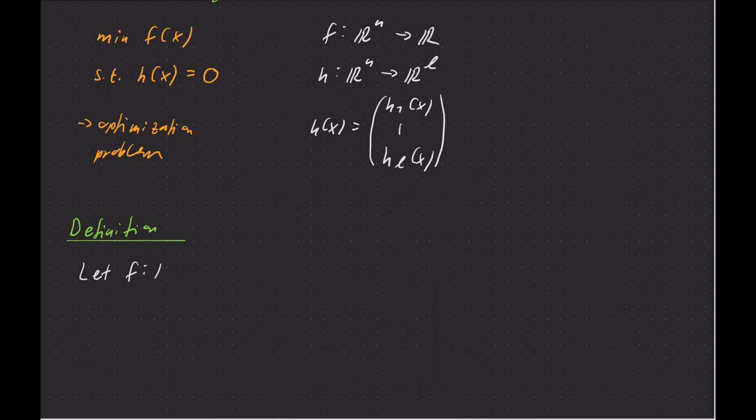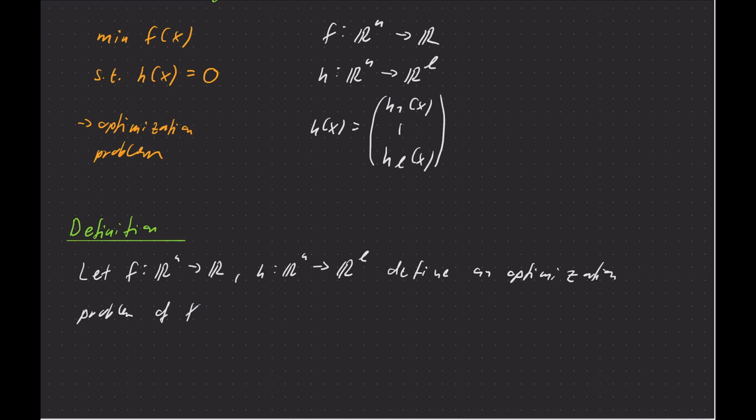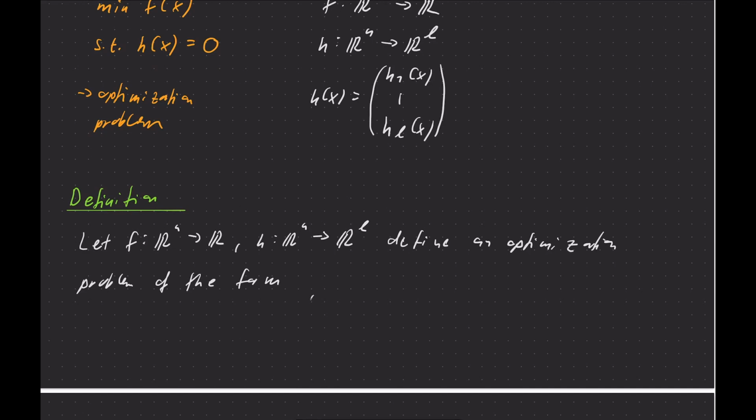So we'll have functions f from R to the n to R, h from R to the n to R to the L. Define an optimization problem of the form, and we'll just write that once more. Minimize f of x subject to h of x equals 0.